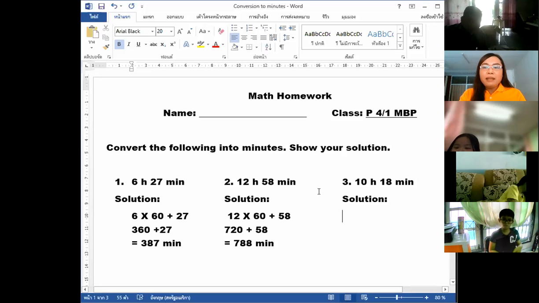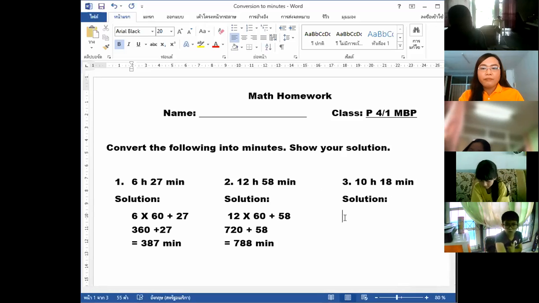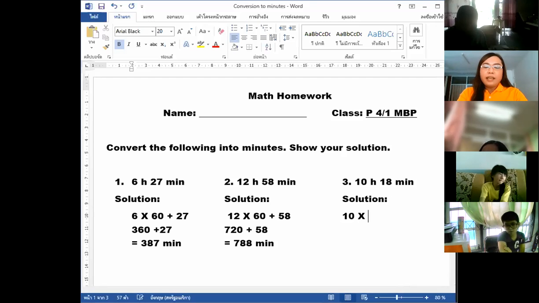Number three, how many minutes in 10 hours and 18 minutes? Okay, Pete, can you give me the solution? 10 multiplied by 60 and plus 18. Okay.